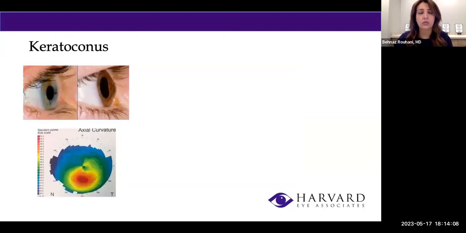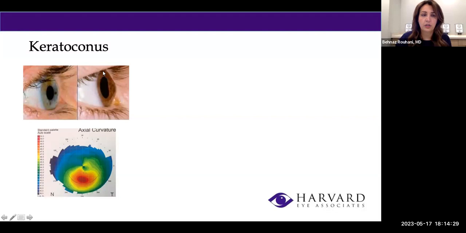So keratoconus, or cone-shaped cornea, is another one that makes cataract surgery decisions a little bit more challenging. Keratoconus is a cone-shaped cornea. The cornea usually has a very nice and regular curve shape.